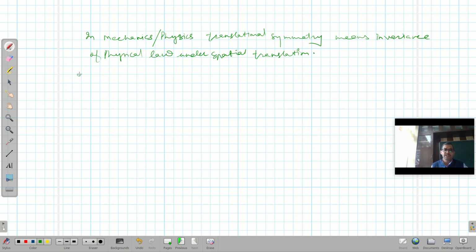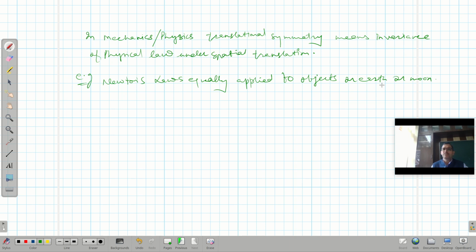For example, Newton's laws equally apply to objects on Earth or Moon.